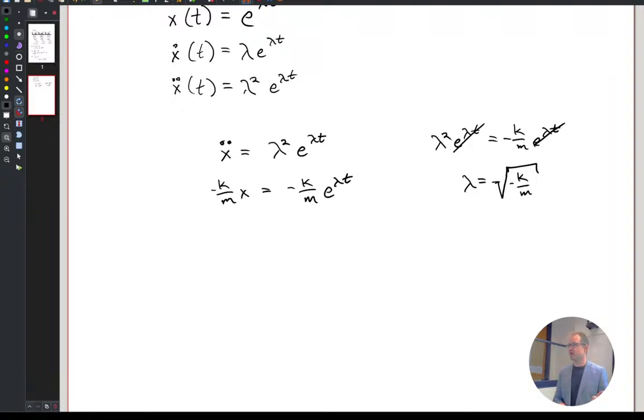So negative k over m. You can solve it this way and say that there are imaginary numbers in your constants. Electrical engineers love imaginary numbers because you can do phase plots and all these good things.